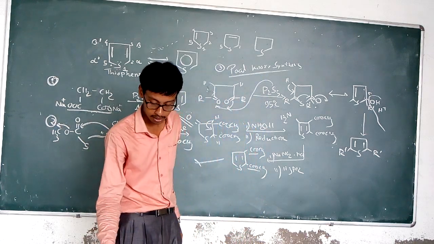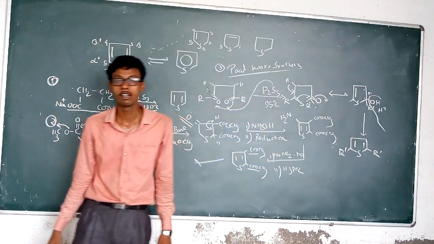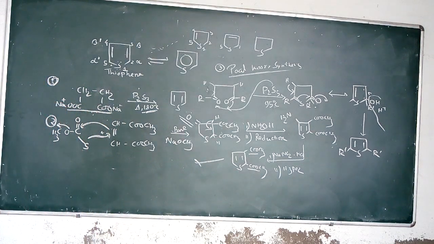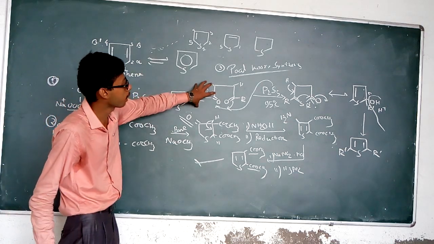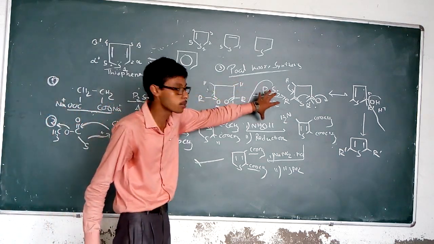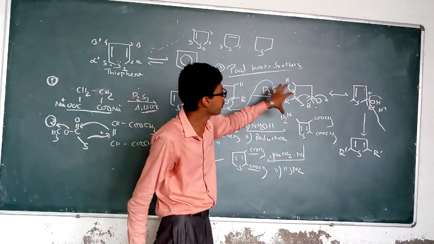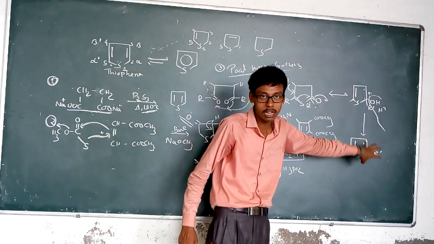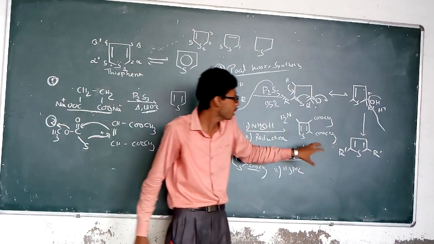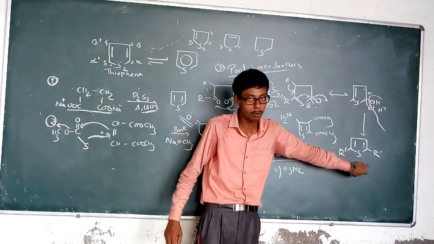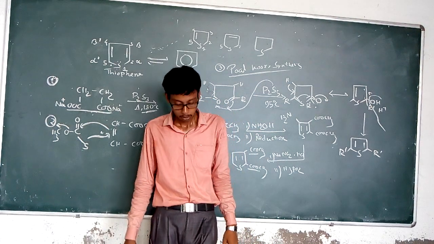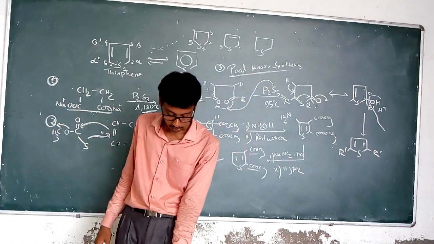This is the synthesis of the substituted thiophene by the Paal synthesis. In this synthesis, first there is the condensation of the 1,4-dicarbonyl compound with phosphorus pentasulfide in the presence of heat, and a rearrangement occurs, followed by ring closure, to finally yield the 2,5-disubstituted thiophene.